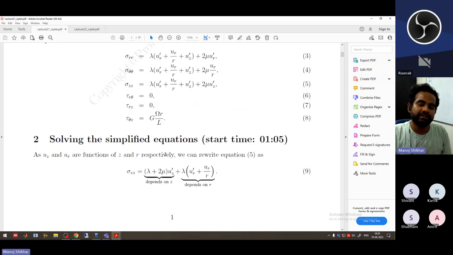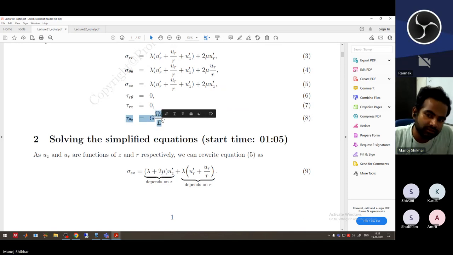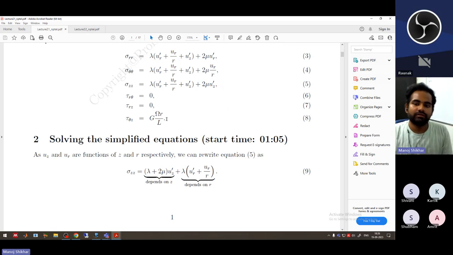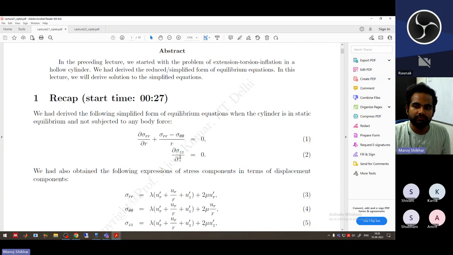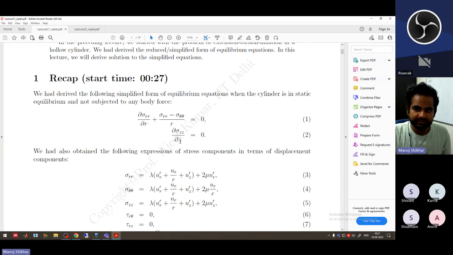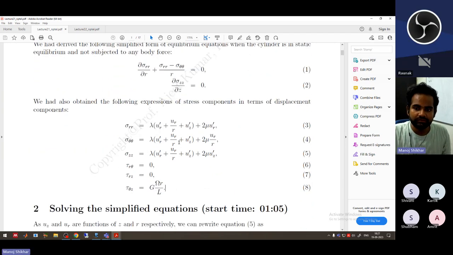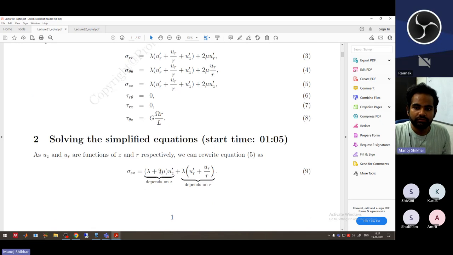Now, since we know the expression of u theta, we could put that in the expressions there, and tau theta z comes out to be G omega by L into r. Now, from this equation, we know that sigma zz is independent of z. Okay. So this term actually depends upon z in the case of sigma zz.